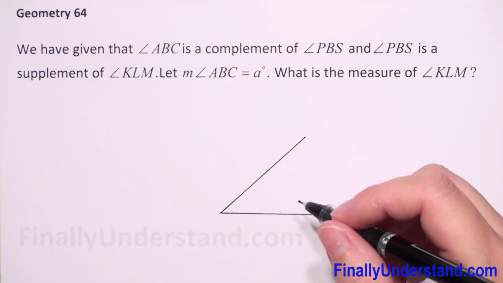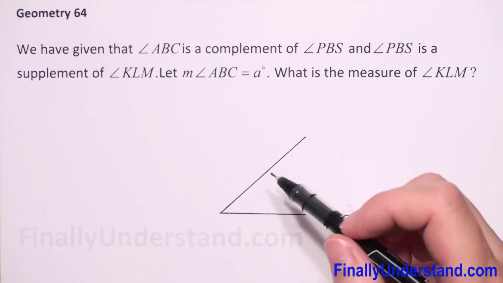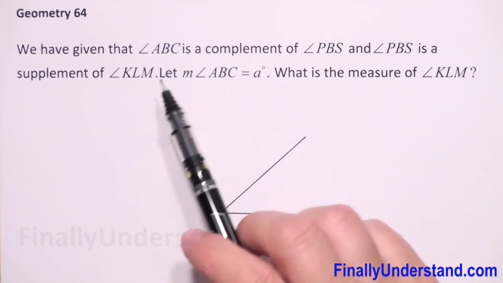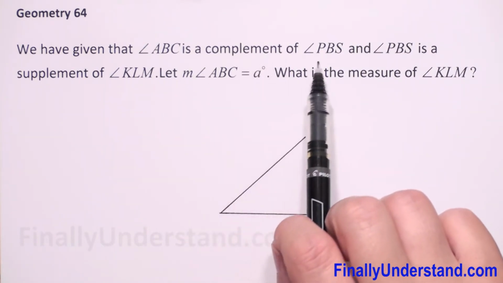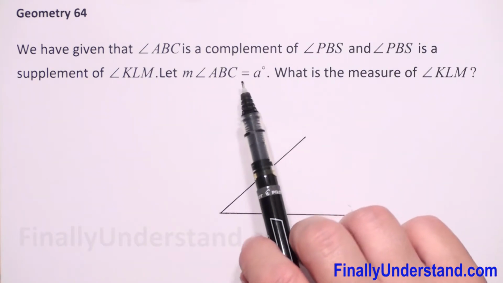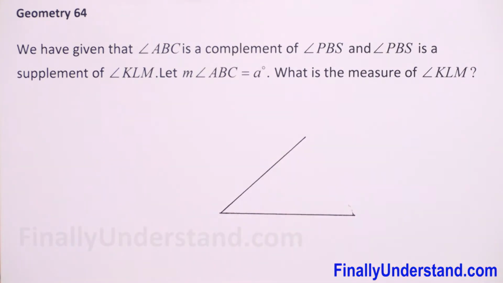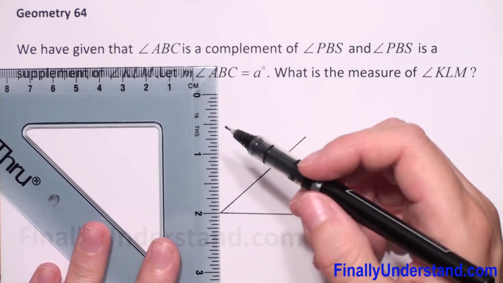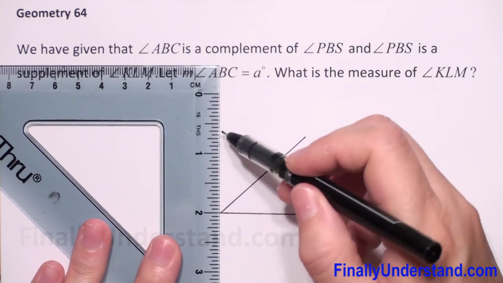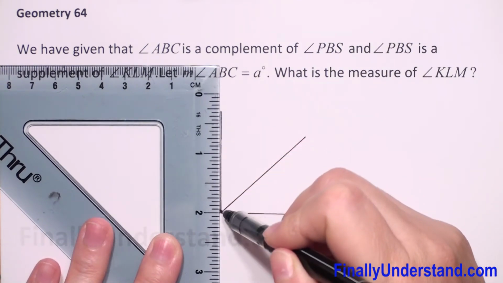It must be an acute angle because we know that this angle is a complement of PBS, so together they give us 90 degrees. So we have approximately like this.